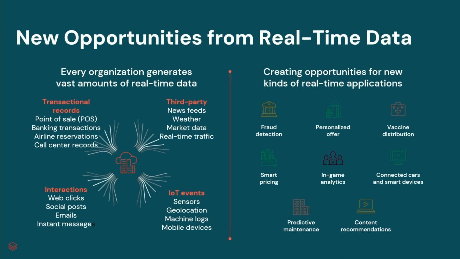The moment data is generated, if you generate insights and use the data, that has the highest value. So, with the new opportunities for real-time data, every organization generates a vast amount of real-time data. For example, a bank generates a lot of transaction records from point of sale, and there are airline reservations and call center records. Third-party data is also provided by weather, news feeds, market data, and real-time traffic data. Then there are interactions: when you click on the web and mobile phones, those clicks are captured as web clicks, along with social media posts, emails, and instant messaging.